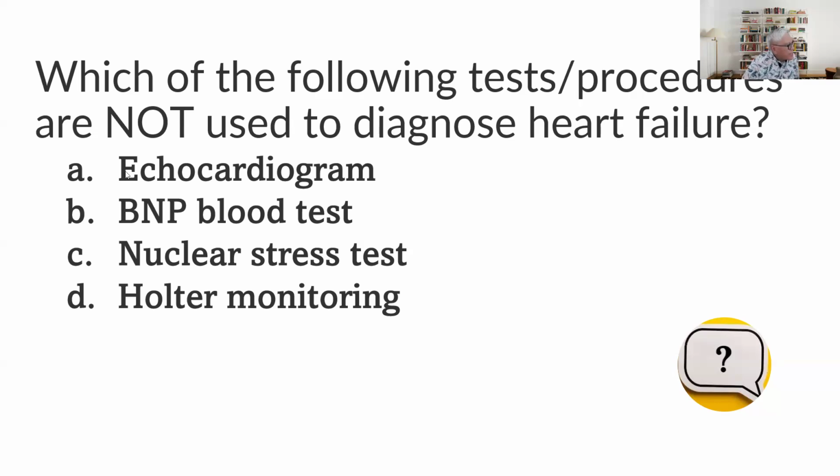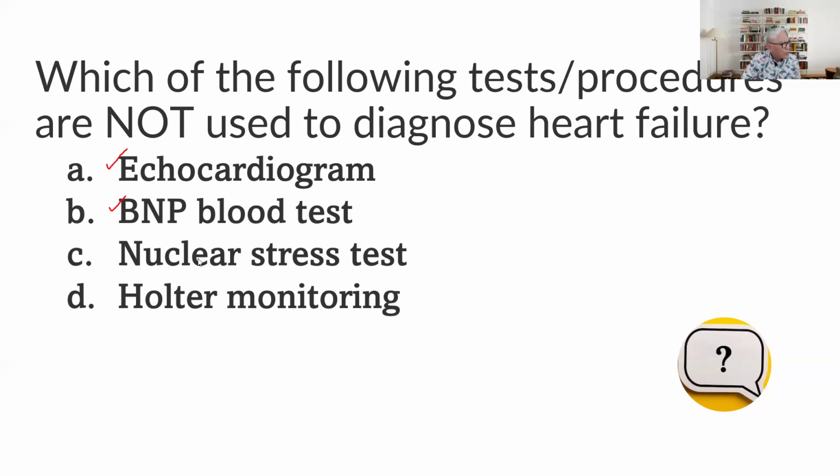Okay, so let's see. Is echocardiography going to be very useful in diagnosing heart failure? The answer to that is yes, because it would provide us with the evidence of ejection fraction. BNP blood test, we just talked about that. This is going to be elevated, or over 100, in the presence of heart failure.